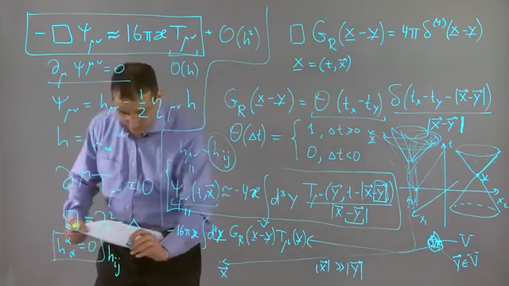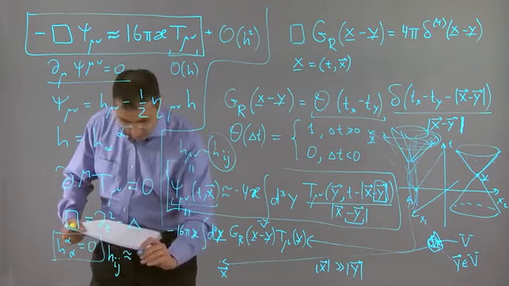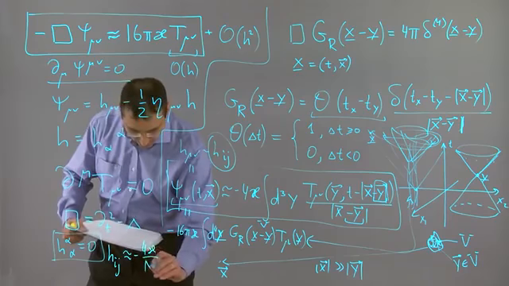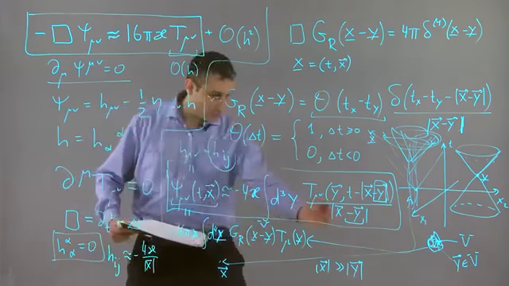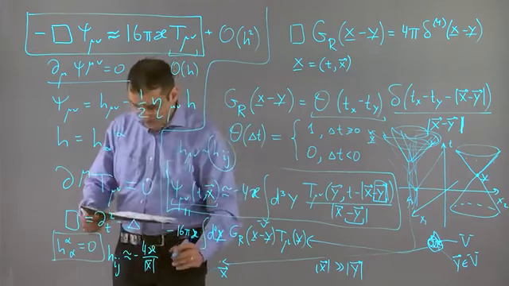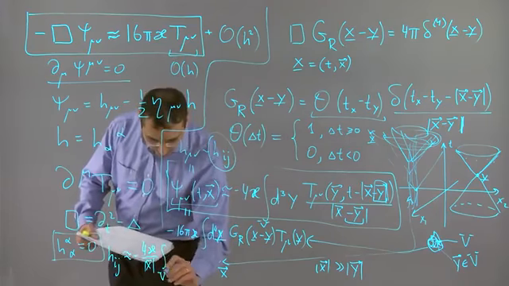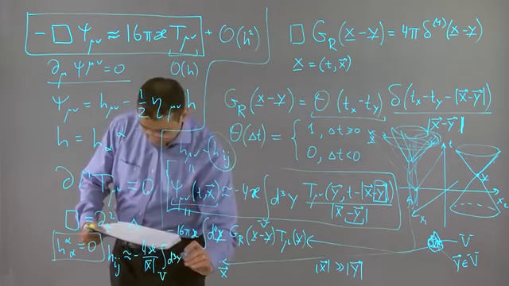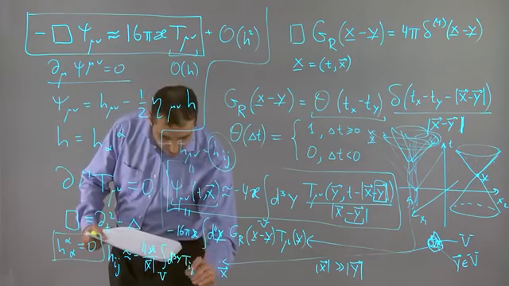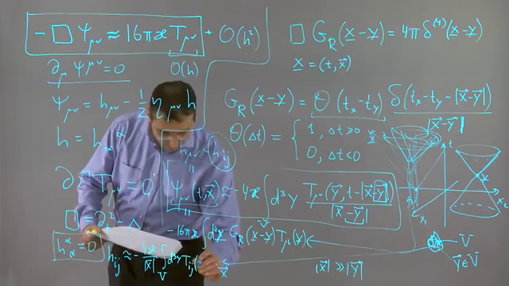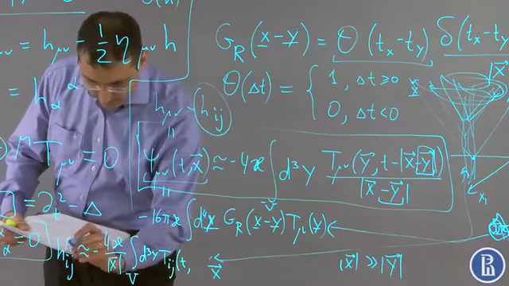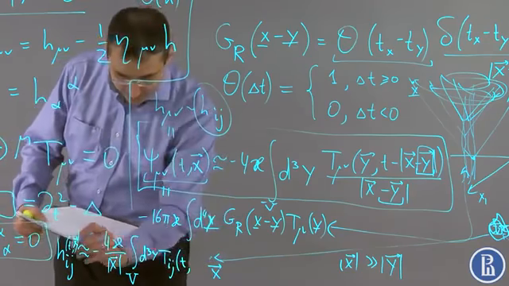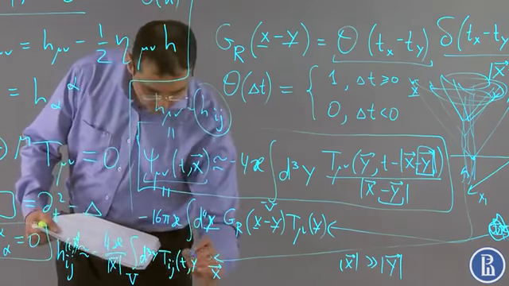Hij is approximately equal to minus 4 kappa divided by modulus of x, that is due to the denominator, times the integral over the compact volume d3y times Tij, which is a function of t and x, a function of t and y.